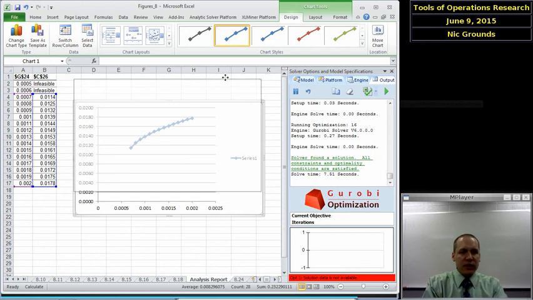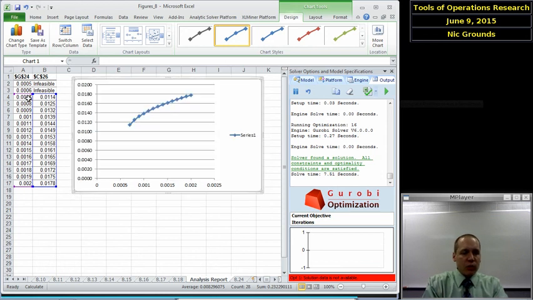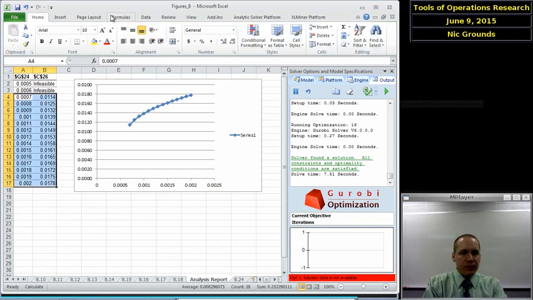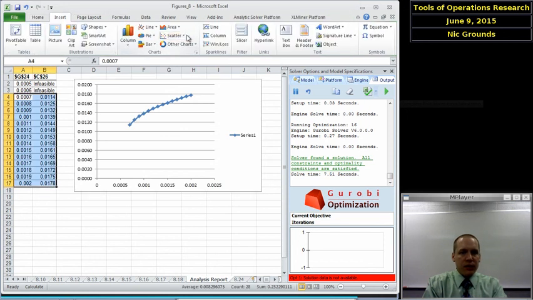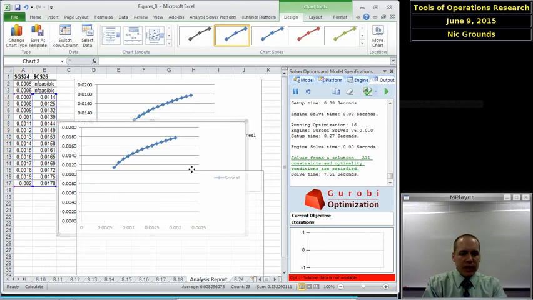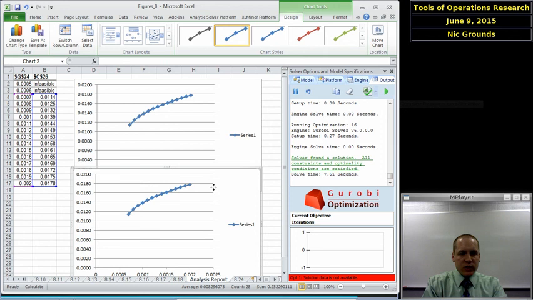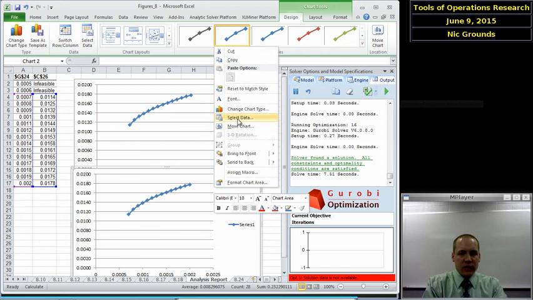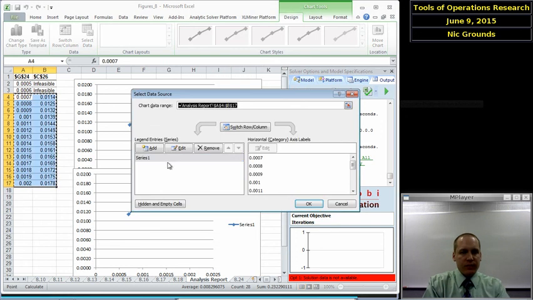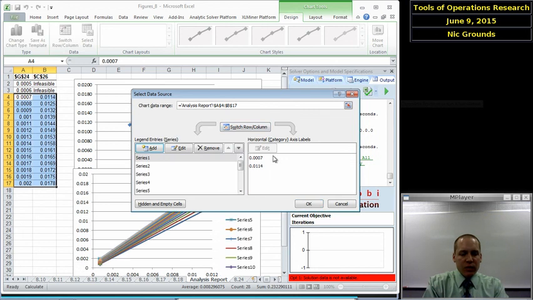Now, just out of curiosity, we're going to graph the same thing, except one small change. We're going to switch the row, not switch rows and columns.